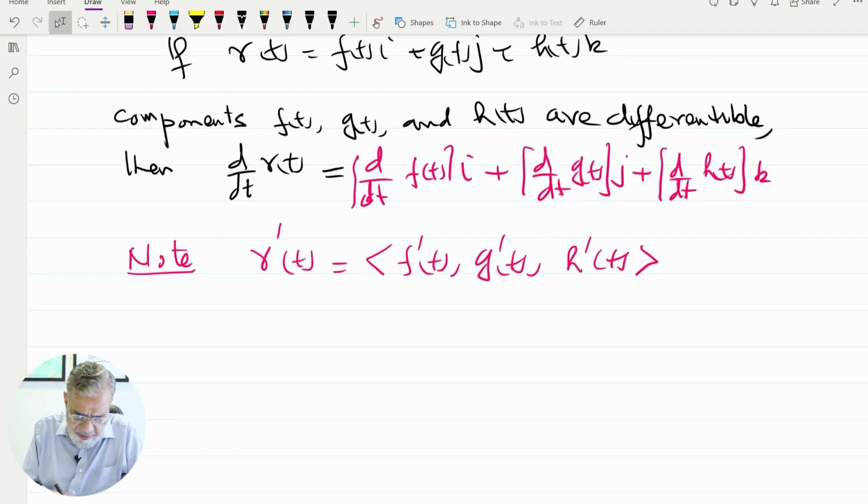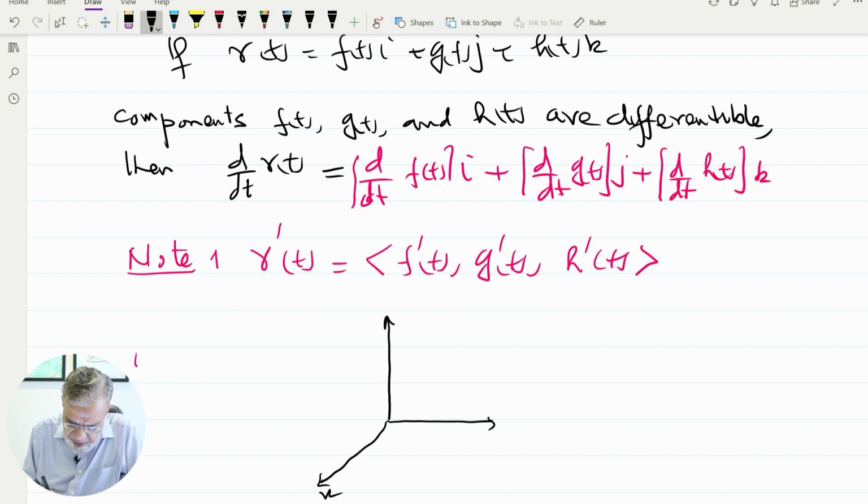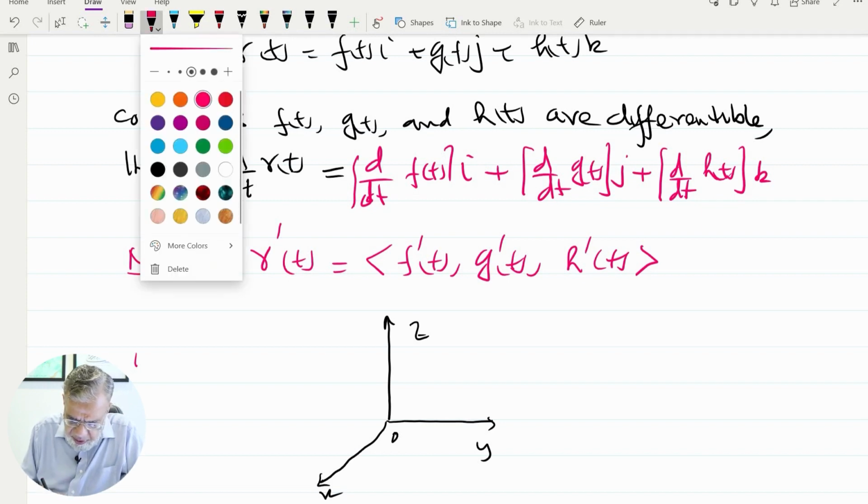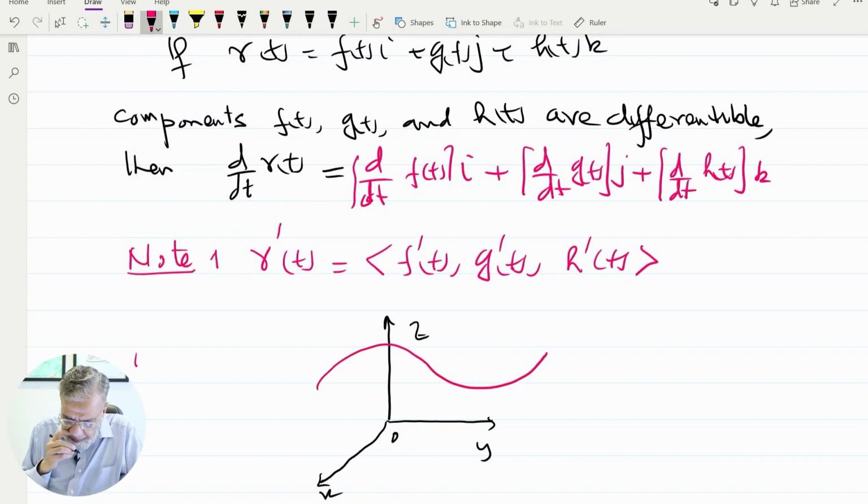We take this as, for example, our note 1. Then I make a diagram for that. This is my z axis, this is my y axis, and this is my x axis, the origin. And I have here the curve. My curve is shown by this vector valued function. Now if I want to define my function r of t, I may define it at this point.